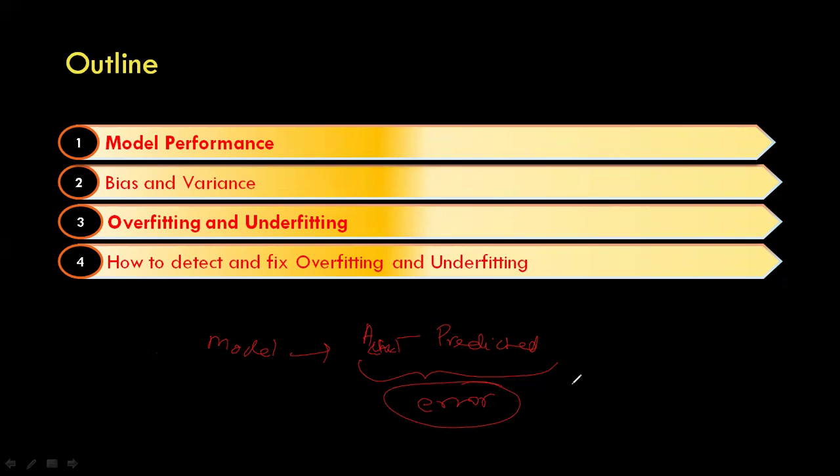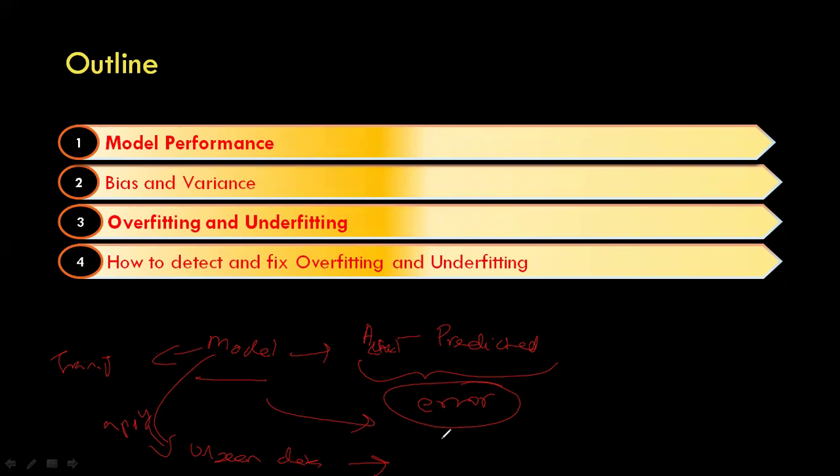So what we do is we train the model using the training data set, isn't it? Once you train your model with this training data set, you find out the error. Then you apply the model on unseen data, and you will get the predicted value.